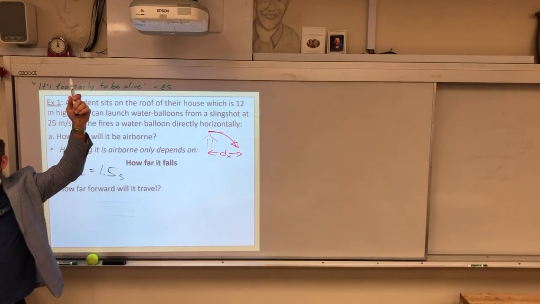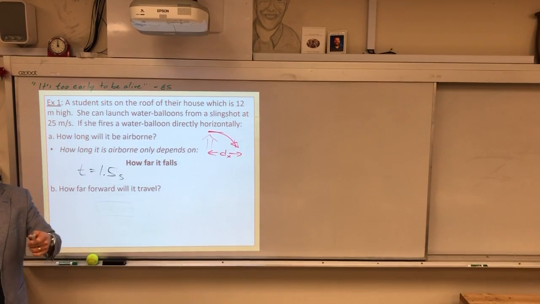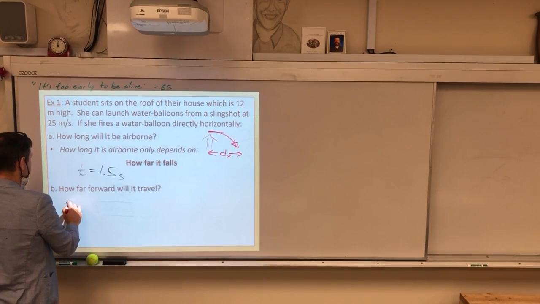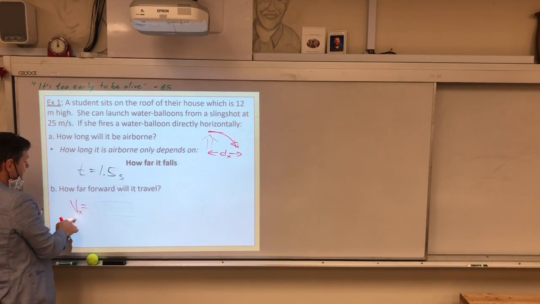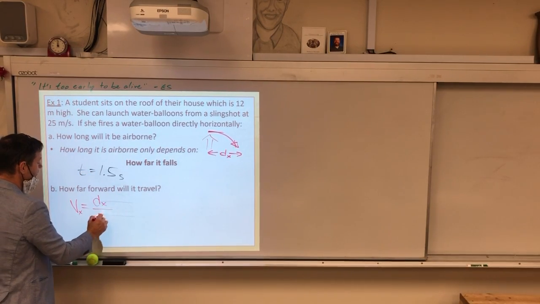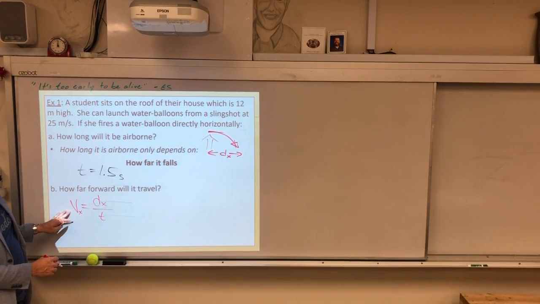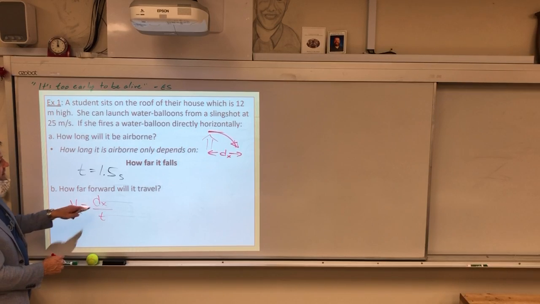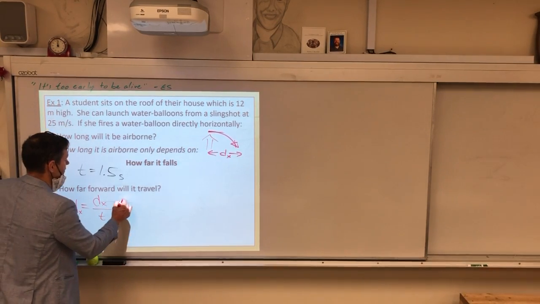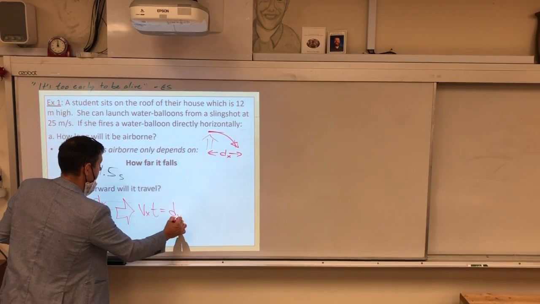Are we going to need any of these for this? v equals d over t, right? So the x velocity, which in the beginning we only have x velocity, is the x displacement over time. But in this case, we don't actually want the velocity, right? So we need the d. And because we know our initial velocity, we're going to change this now to v_x t equals d_x.